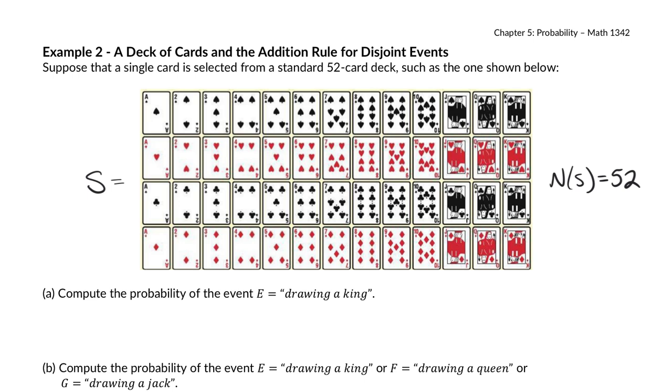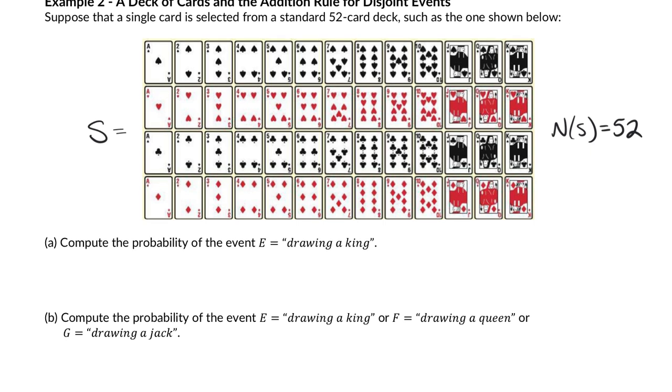So we're going to compute the probability of event E, where E is drawing a king. So let's highlight with our pink highlighter here all of the kings, which is this entire column. How many individual events did I highlight? 4. So if we're finding the probability of E, where E is drawing a king, the formula would be, from last time, the number of times E occurs over the number of items in my sample space.